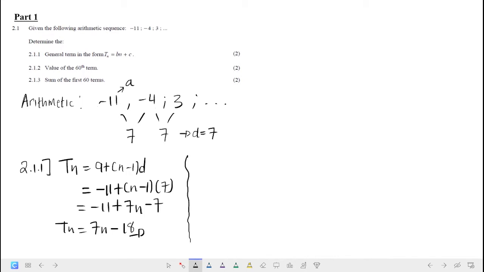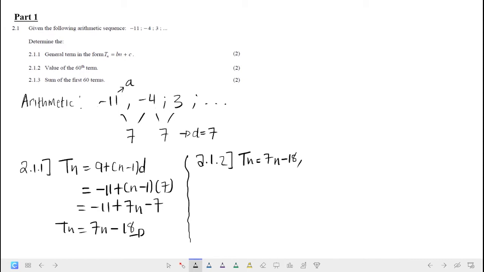Now let's go ahead and look into the second question. They want us to determine the value of the 60th term. Here we have our formula, Tn equals 7n minus 18. What else do we have?